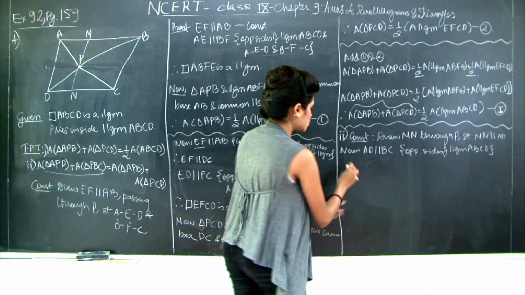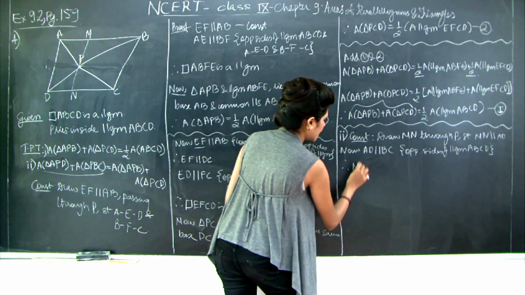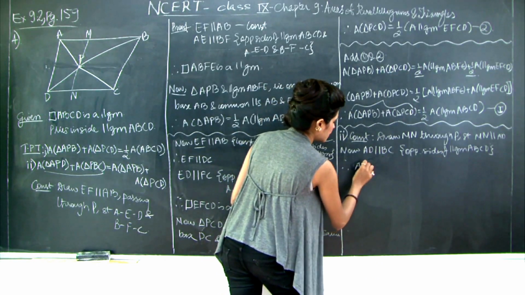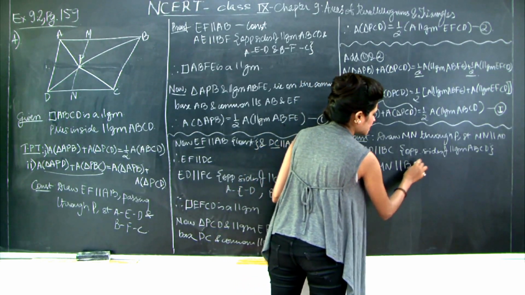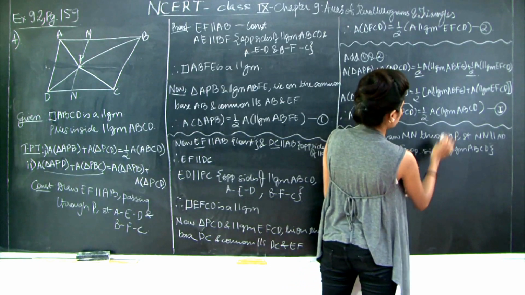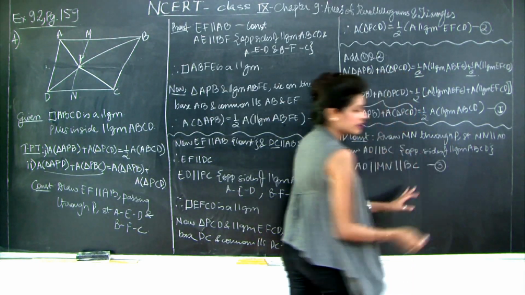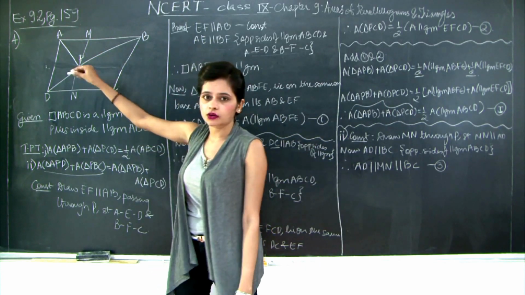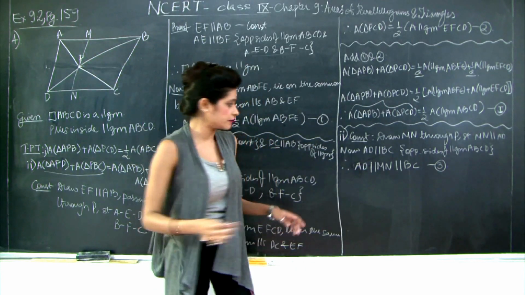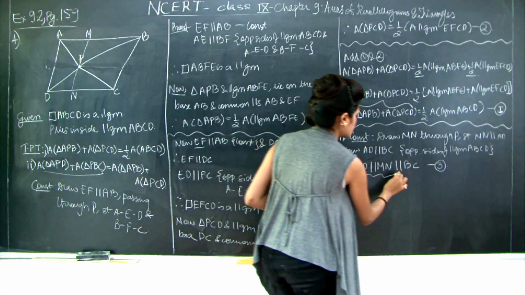Right? Therefore, we have AD parallel to MN, which is parallel to BC, and I will mark this statement as 3. We will use this as a reference for proving the two vertical quadrilaterals that I have here are parallelograms. So let's start with the proof.